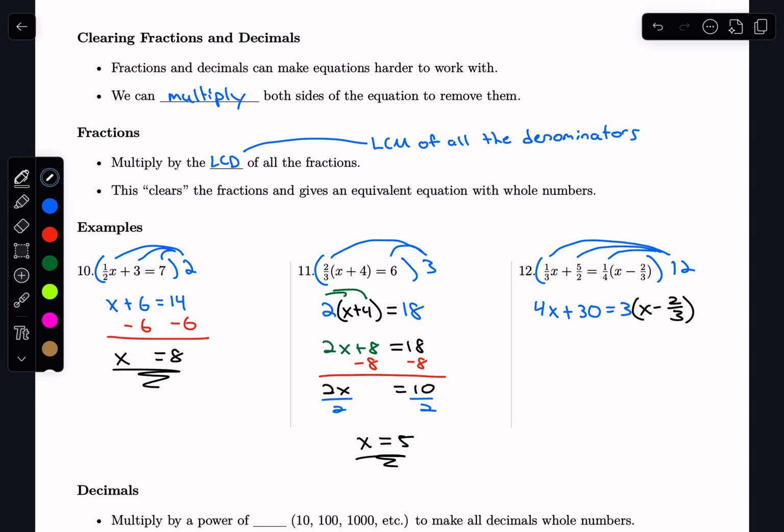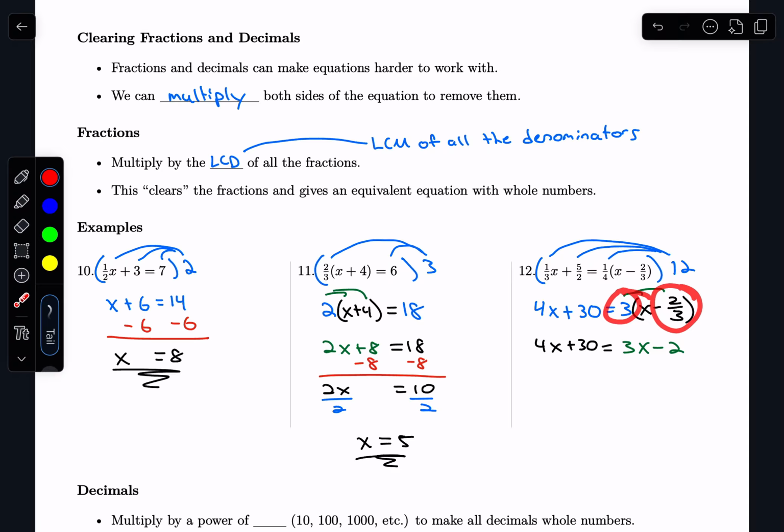All right, now it looks like problems 7, 8, and 9, where I need to distribute the 3 that's in front of the x minus 2/3. When I do that on the right side, I get 3x minus 2, because the 3 on top cancels the 3 on the bottom of that fraction. So we're left with 4x plus 30. Now I want to make a note that this 2/3 was just canceled out by this 3. That's actually a coincidence.